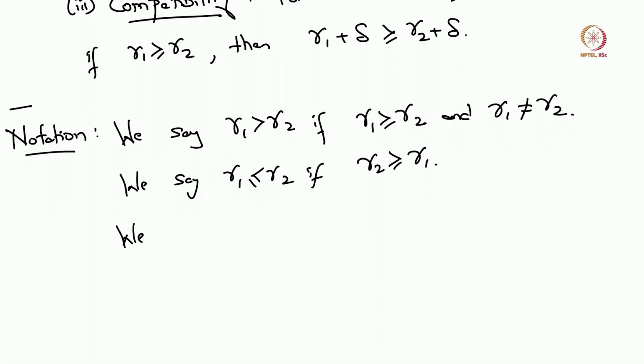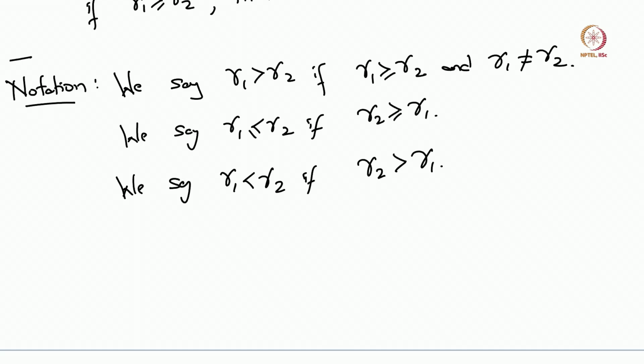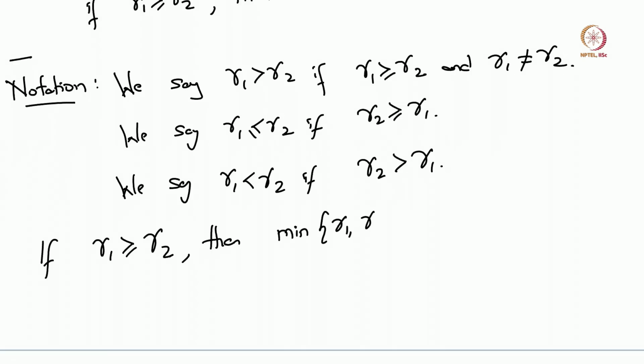And similarly, I'll say that gamma 1 is strictly less than gamma 2 if gamma 2 is in fact strictly larger than gamma 1. Okay, and if I have two elements gamma 1 and gamma 2 with the property that gamma 1 is larger than or equal to gamma 2, then I'll define the minimum of gamma 1 and gamma 2 to be gamma 2.